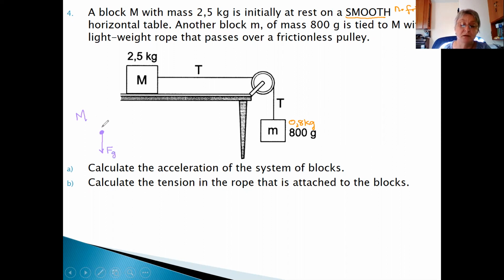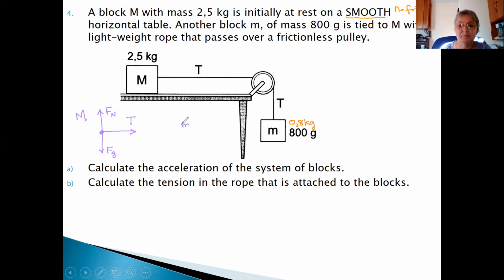Most probably I should, but there is no need. Those two forces will be in equilibrium. They will not affect the motion. And the other force, the horizontal force acting on this M, is T.